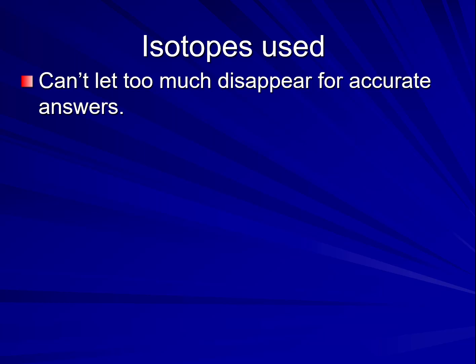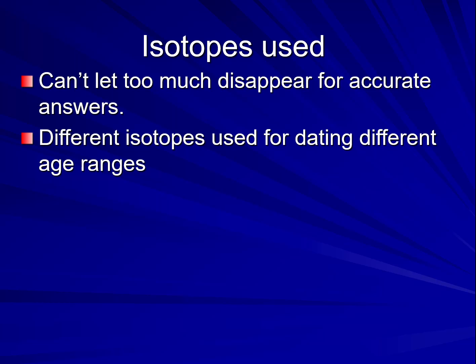Other isotopes. We can't let too much disappear if we want accurate answers. I can't get down in that 4 and 5% range. The closer I get to 0% left, the more unsure I am of how long it's been. So different isotopes are used for dating different age ranges.